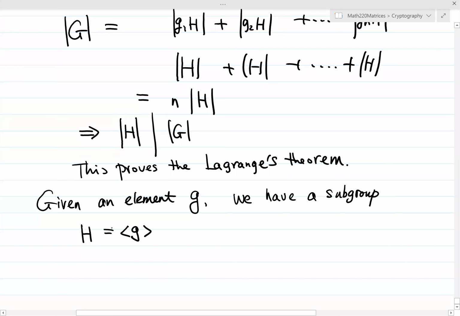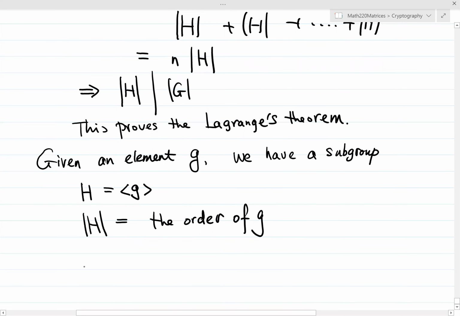You just take the powers of g. Then the number of elements of this subgroup is exactly the order of g. So by the Lagrange theorem, the order of g divides the group order. So this actually tells us the Lagrange theorem.